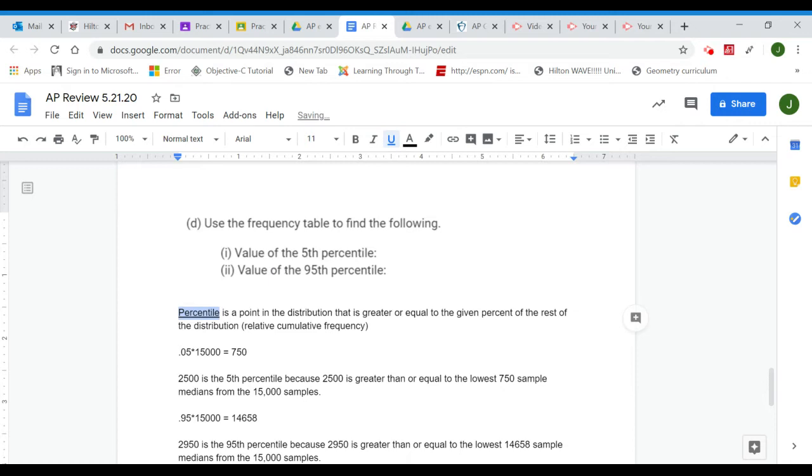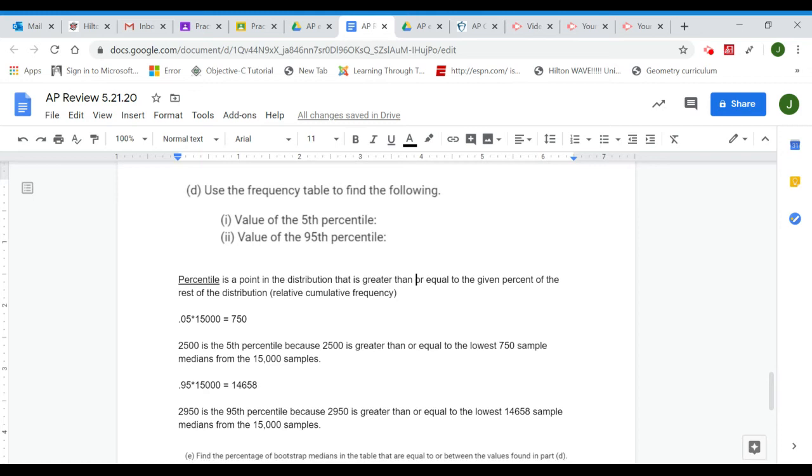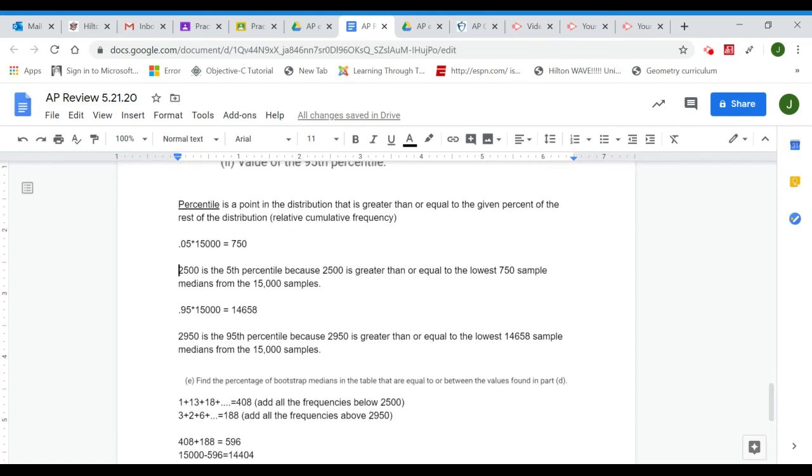The percentile is a point in the distribution that is greater than or equal to the given percent of the rest of the distribution. So basically you got to find a value that is better than the lowest 5% of the data, and that's basically what's happening. And that happened to be the 2,500 again. Now, why does that happen?